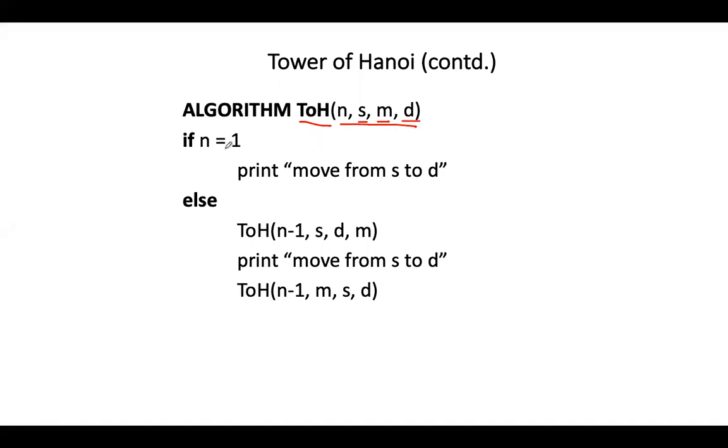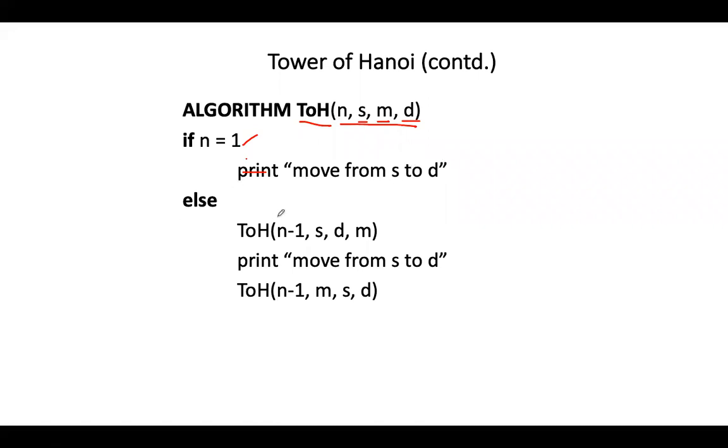If n is equal to 1, it means there is only one disk in the source tower. So immediately, it's not a print, just a move operation: move from source to destination. If there is only one disk, immediately move it from source to destination. Okay, that's a simple thing.